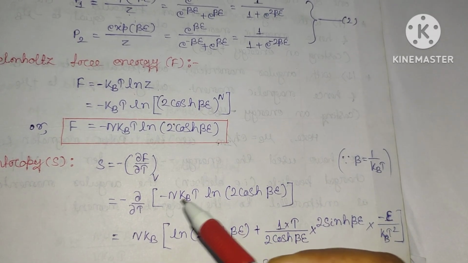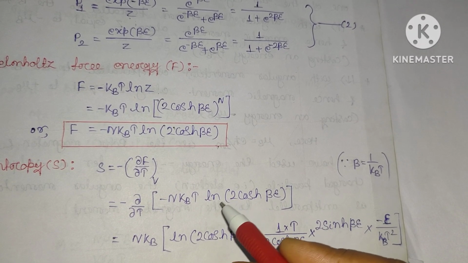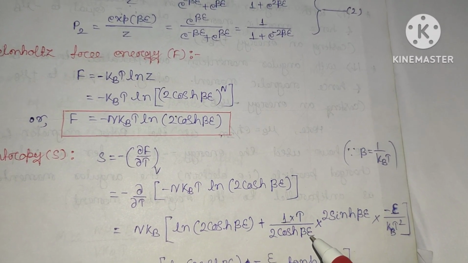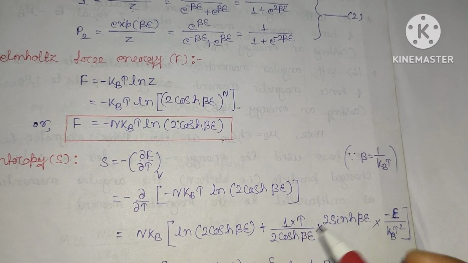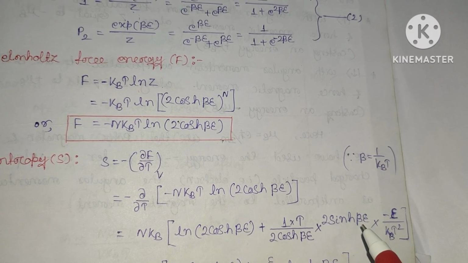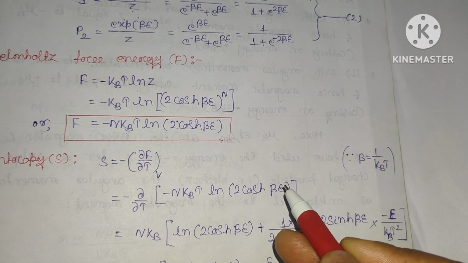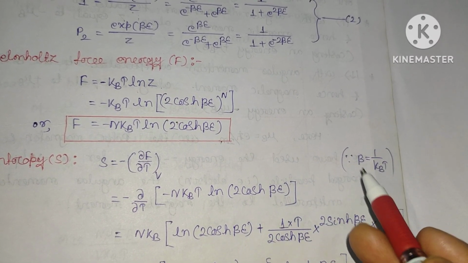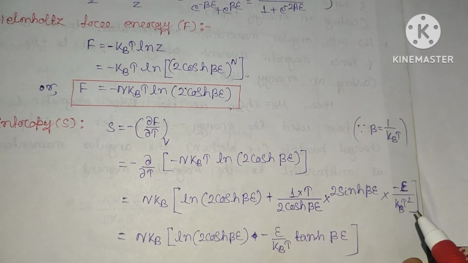Here nk has already been taken common, so T times the derivative of log is 1 by twice cos h beta epsilon into the derivative of 2 cos h beta epsilon, which is 2 sin h beta epsilon. Again the derivative with respect to beta, which is 1 by kT, the derivative of 1 by kT is minus 1 by kT square. Clear?